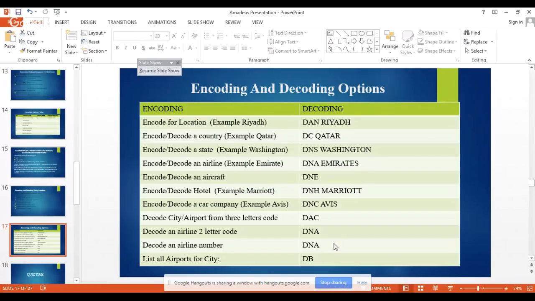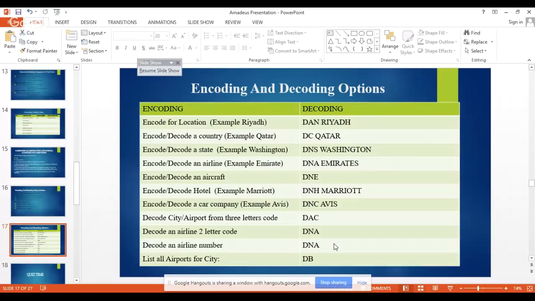Like I said, when we talked about Washington, the Amadeus code to decode a state is DNS, and you can always call it "don't know state." I told you to decode an airline is DNA.